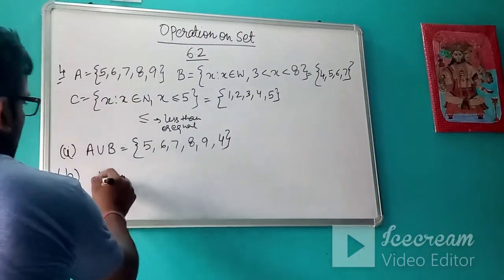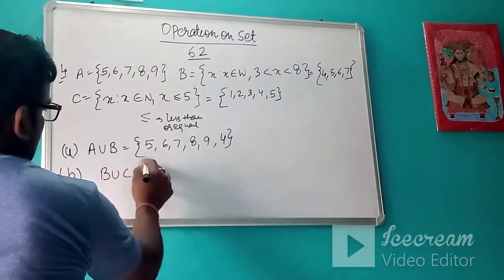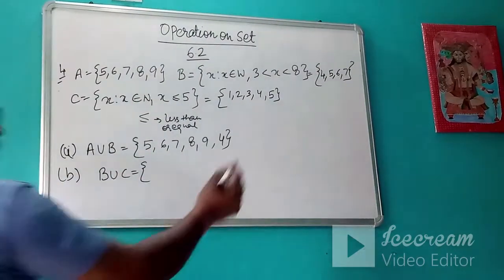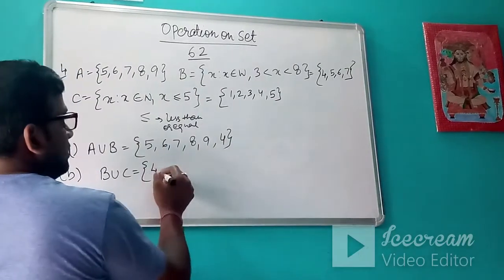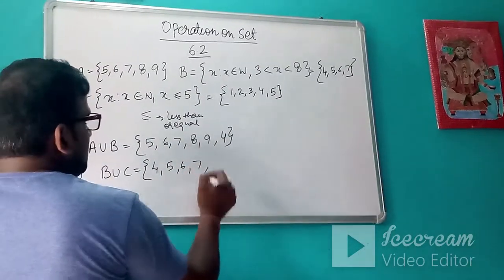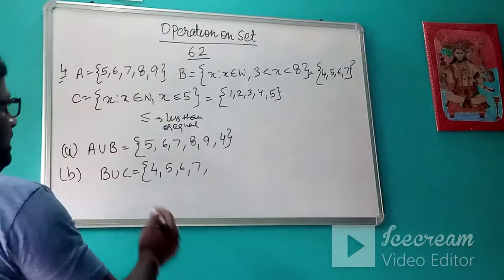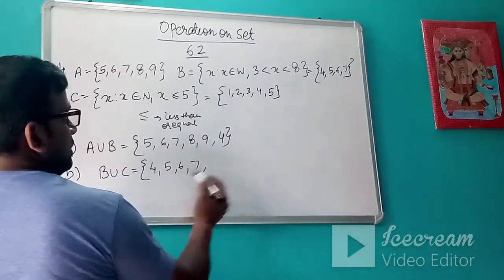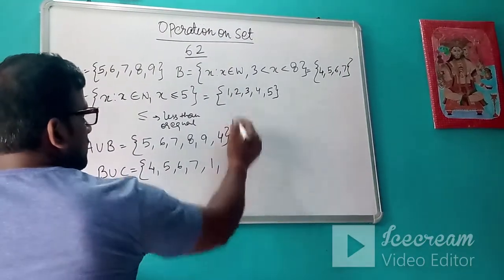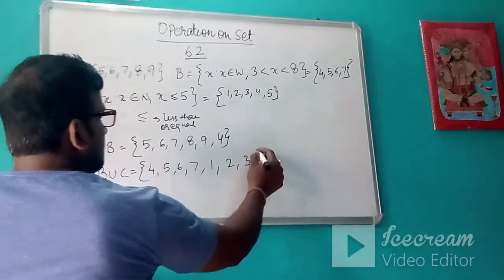Then suppose we have to calculate B union C. First you write all the elements of B: 4, 5, 6, 7. Then we will write the elements from set C which are not present here. What is not present here? 1, 2 and 3.